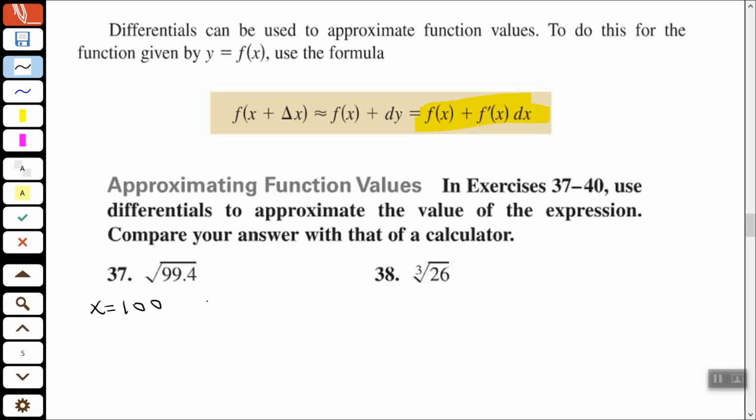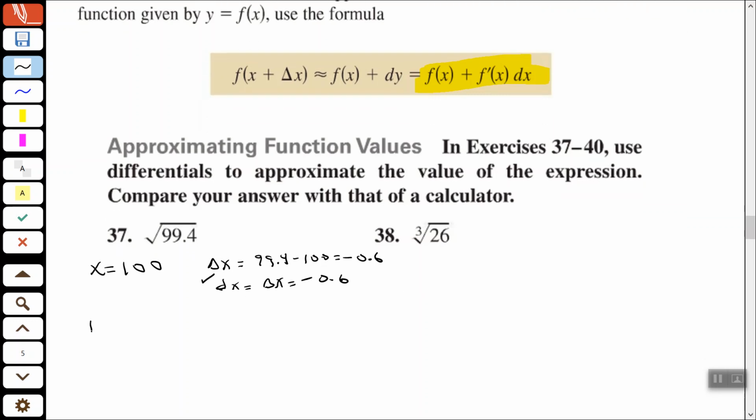The delta x of that is always the original minus our approximation. So 99.4 minus our approximation of 100 is negative 0.6. Therefore, we know that dx, which is equal to delta x, is equal to negative 0.6. So keep that in mind.